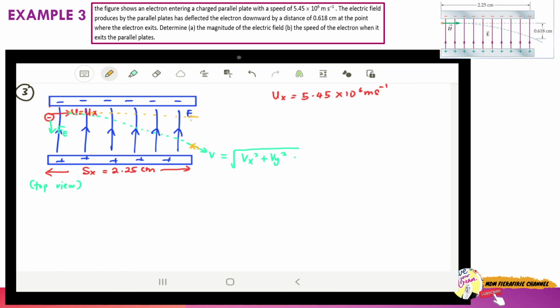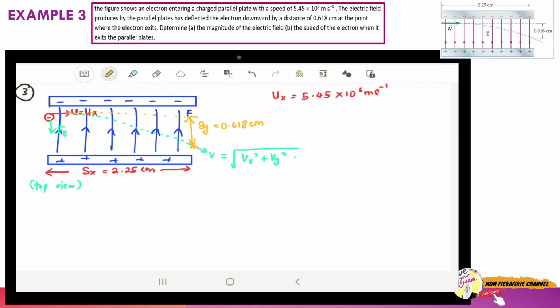So this is Sy, where Sy is 0.618 centimeter. That's all the information that we have from the question.